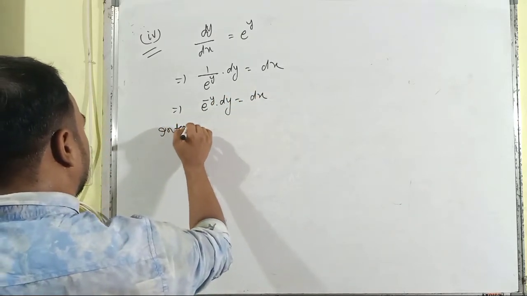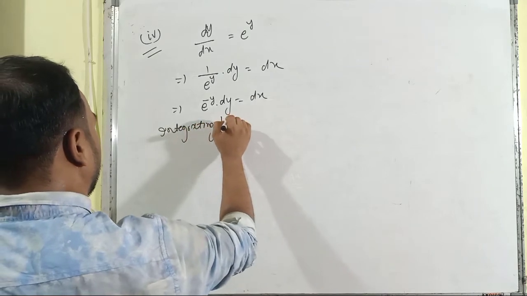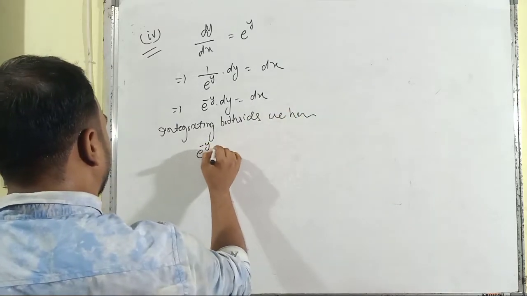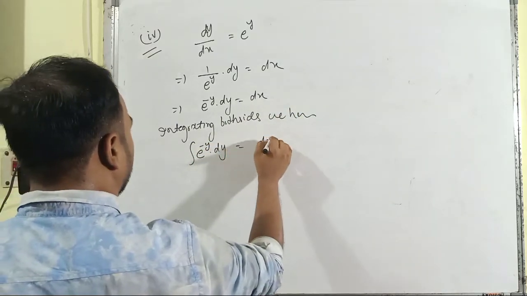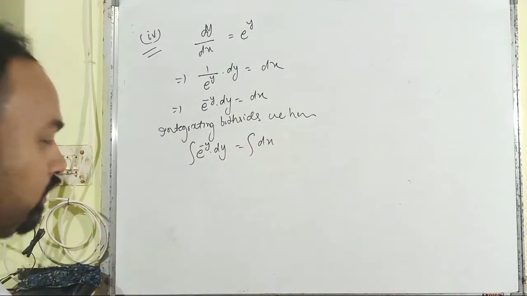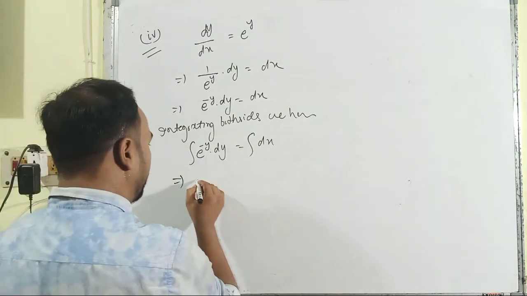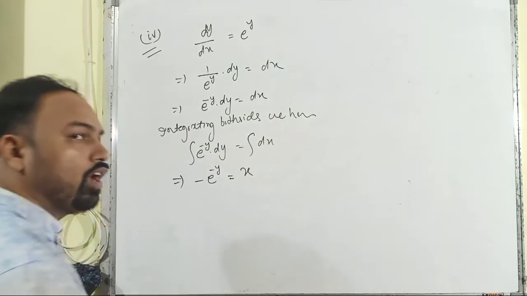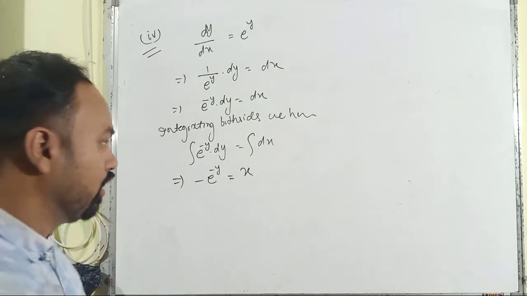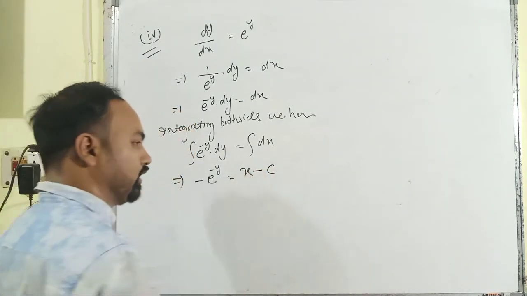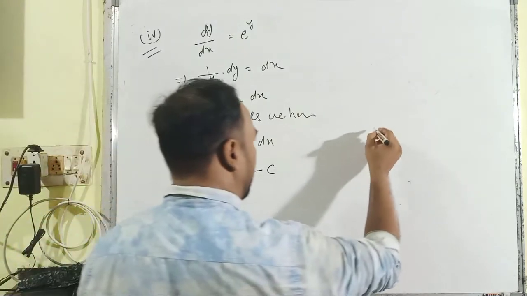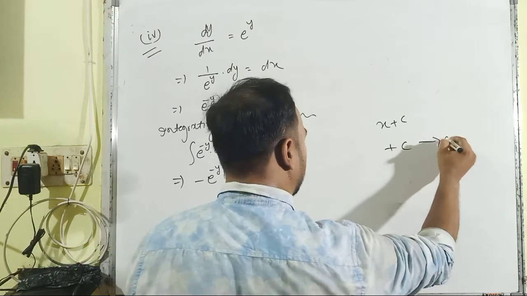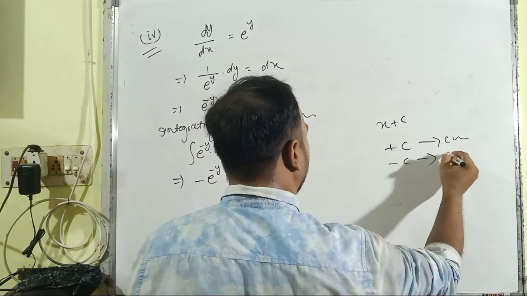Then integrating both sides, we have the integral of e to the power minus y dy is equal to the integral of dx, and it will be minus e to the power minus y is equal to x. For the matching of our answer, we have to take here minus c in place of plus c. You can take x plus c, but as plus c is a constant, minus c will be another constant.